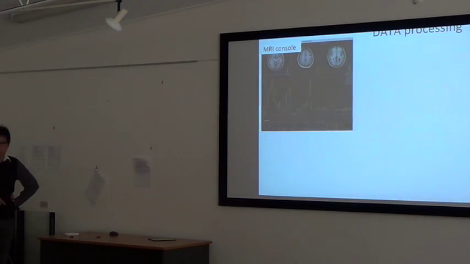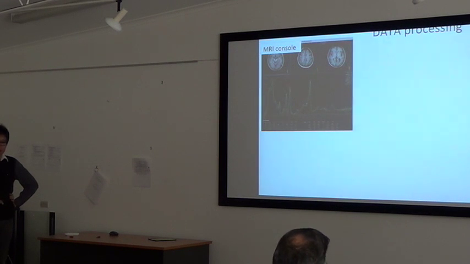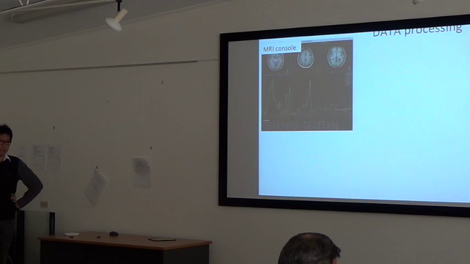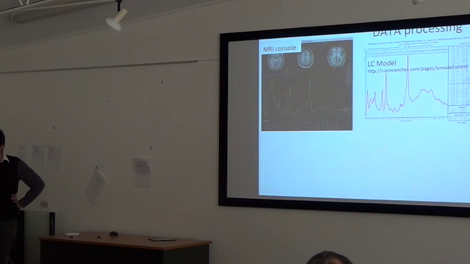To process data, the straightforward way is that you can usually get the signals on the MR console. The radiographer will help you process the data and tell you how big the peaks are, what the signal of the peaks is. The second option is LCModel.